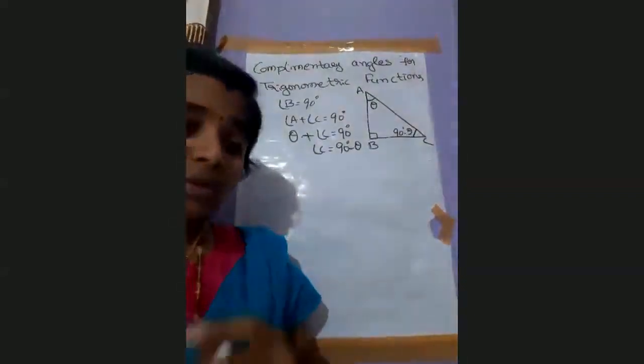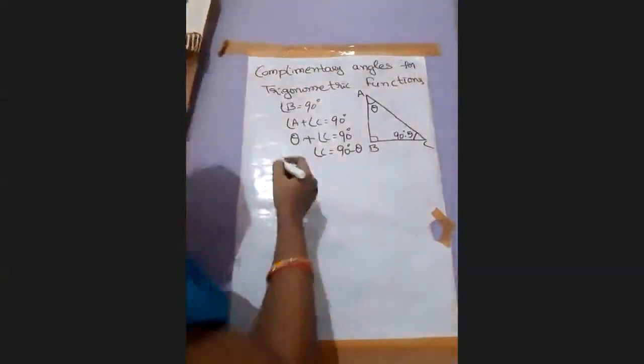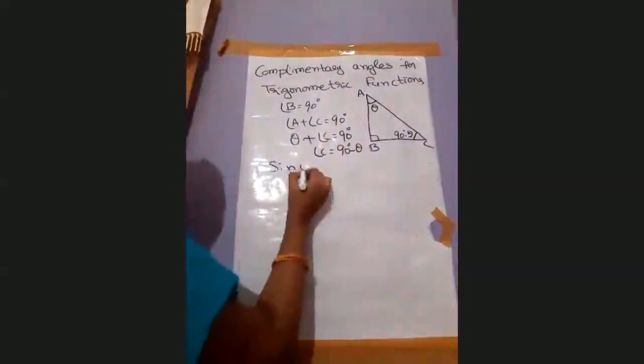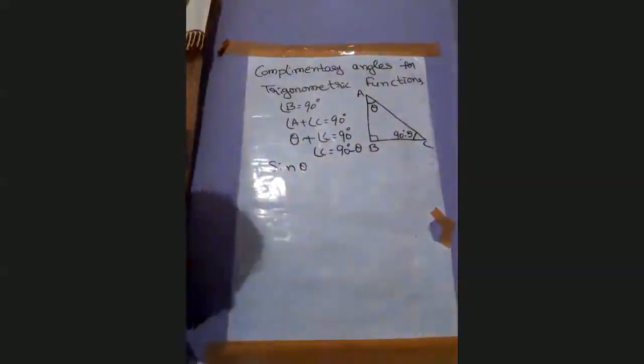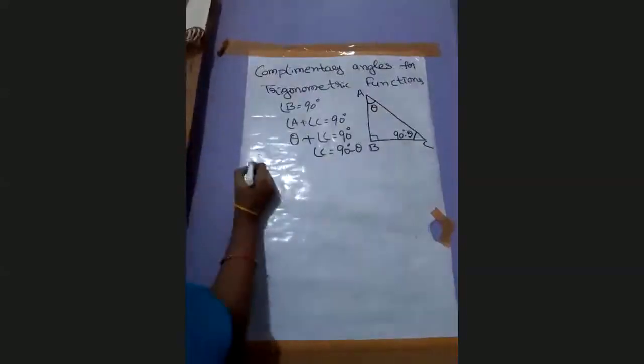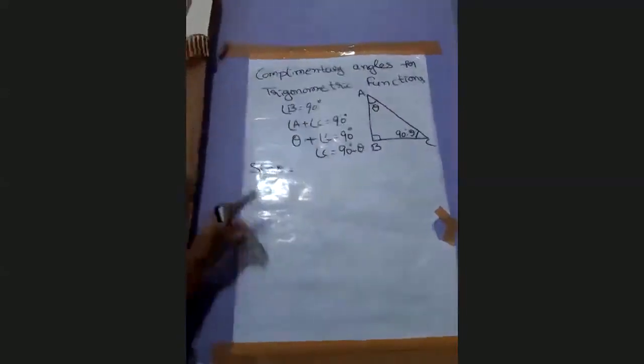Right? So now we have to write the formulas here. Let us examine carefully. Here I can write the sin theta formula. So what is the formula for sin theta?